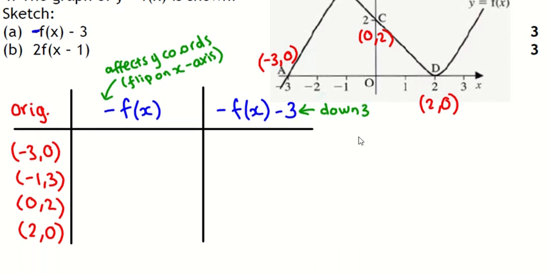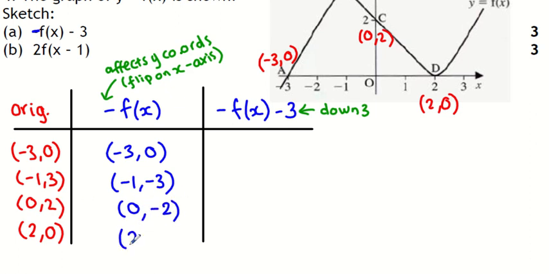So if we are going to be affecting the y coordinates, then our y coordinates get multiplied by negative 1. Nothing happens when you multiply 0 by negative 1. But all of our other y coordinates will now have a negative sign.